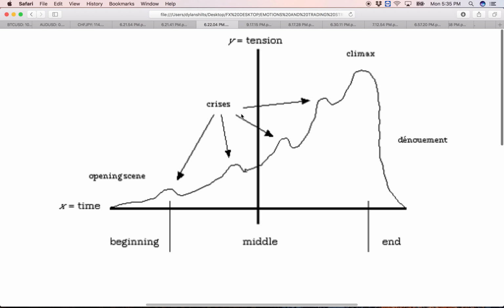Time versus tension. Beginning, middle, end, and we have the crisis. Three levels, or actually there's the lower level, and then the three levels, and then the peak, which is here the climax, and then it falls, right?